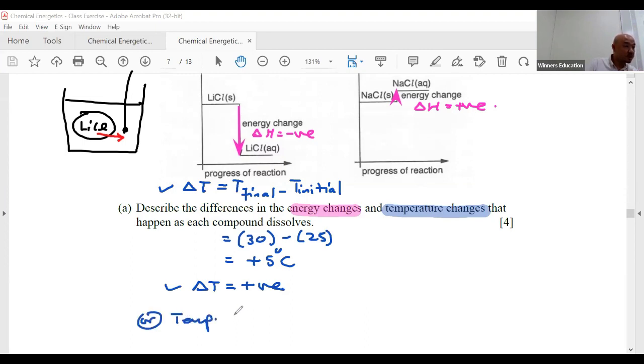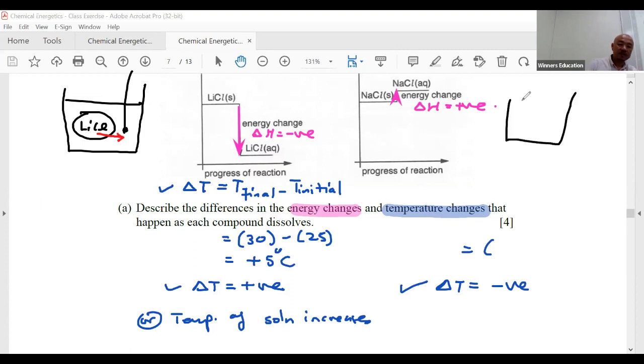Temperature is always of the mixture, the solution. Make sense? Likewise, I don't think you need me to give an example. Delta T will then be negative, but never mind, in case you want an example, right? Final minus initial, I mean. Okay, so let's just mock it up.